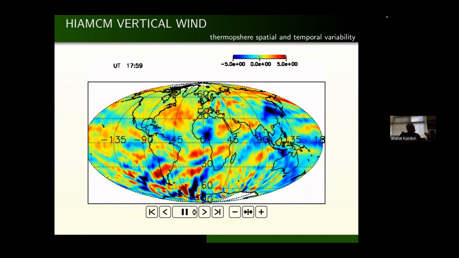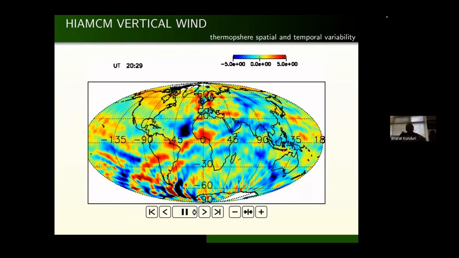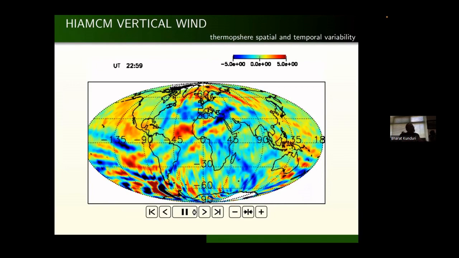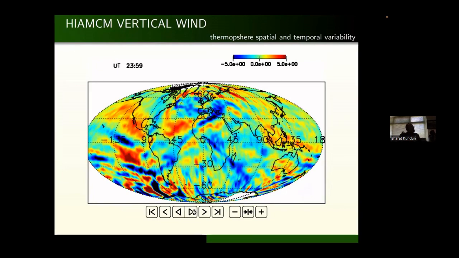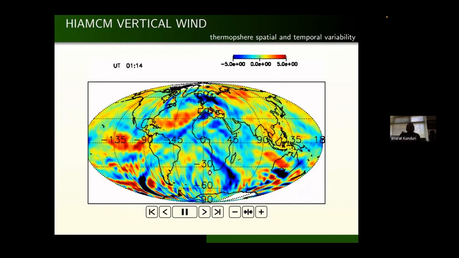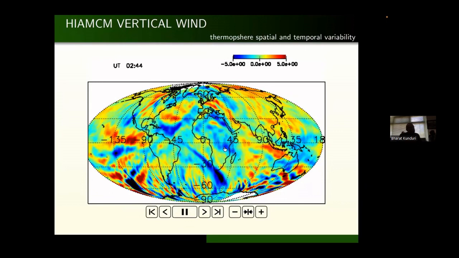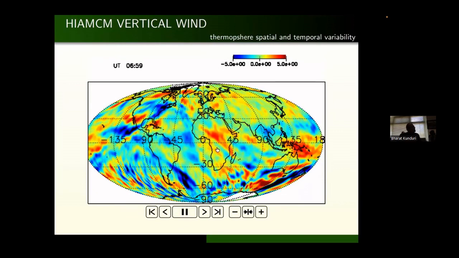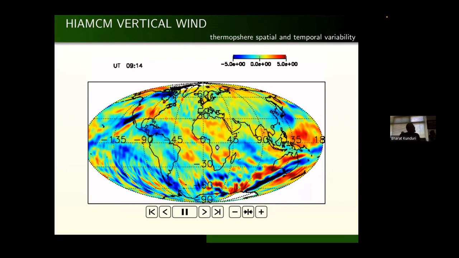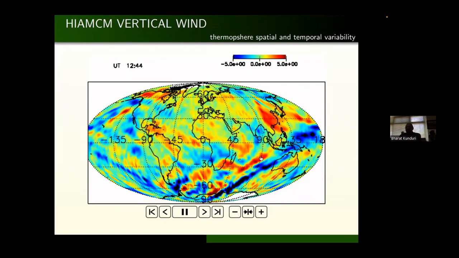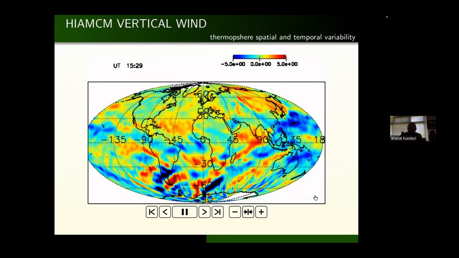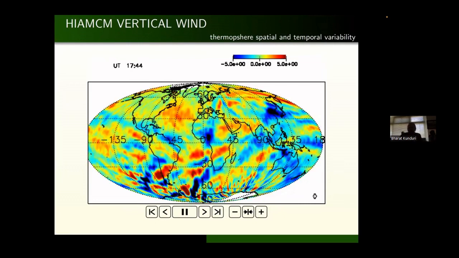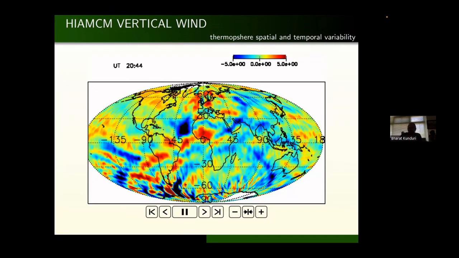There are also fluctuations like this on the neutral zonal wind and meridional wind, but they're much stronger and would have to be filtered out to see this. But the point is, it's relatively small scale, 100 kilometers, and it varies. This is every 15 minutes, so it's pretty dynamic. So it's these variations in the winds that can affect the ionosphere.